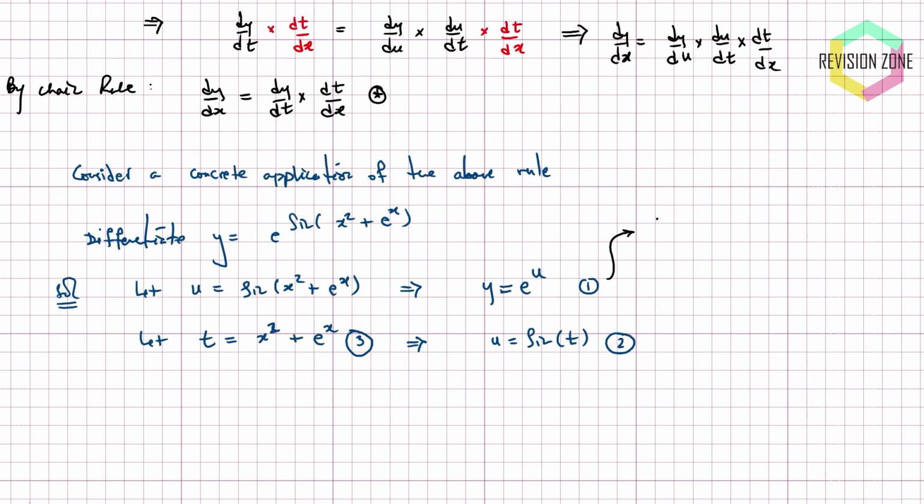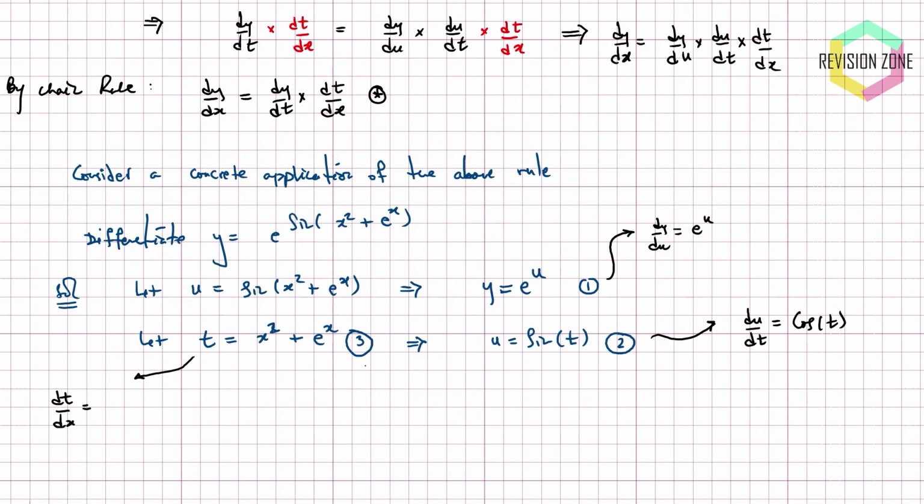So dy by du is going to be e to the u, and du by dt is going to be the derivative of sine, it's just cos t. And the third one is, let's do it here, dt by dx. I'm going to have to differentiate each term here.